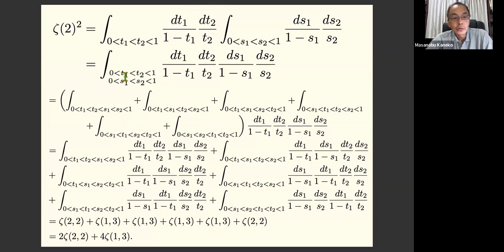So we only look at these 6 subdomains, and T1 should always be less than T2, and S1 should always be less than S2. Those are the conditions, and there are 6 ways of ordering T1 up to S2.